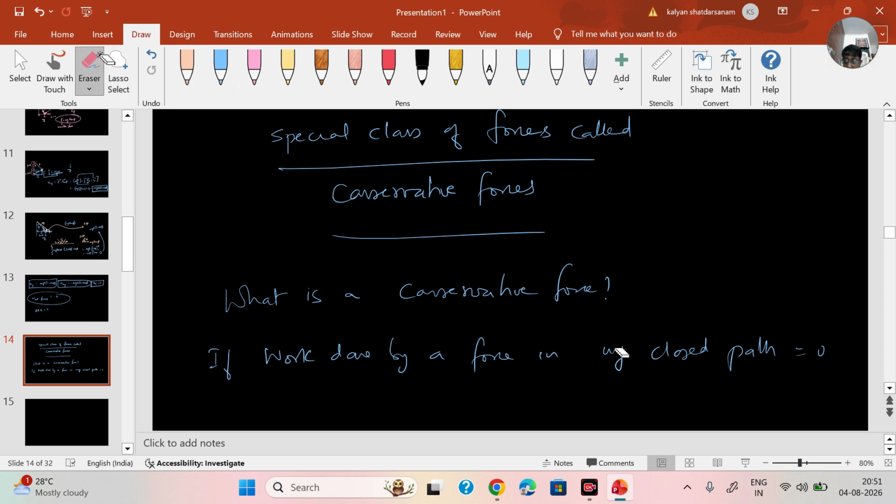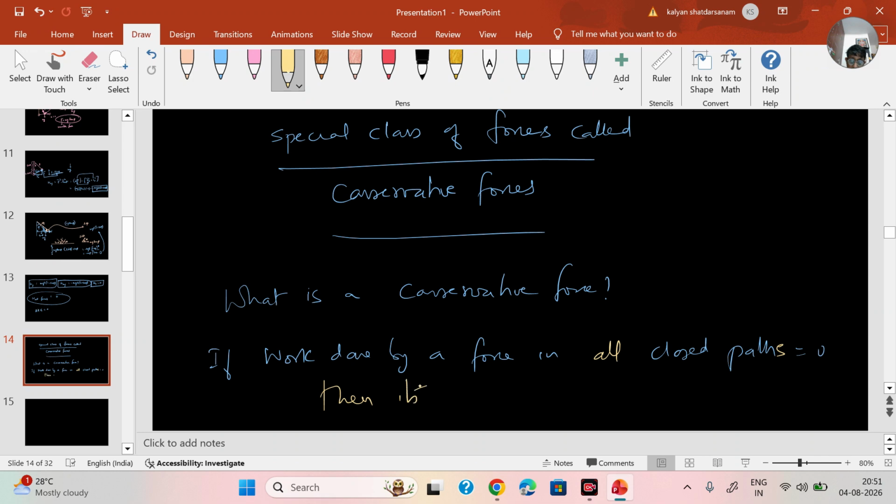That looks much better. In all closed paths, whichever closed path you take, then it's conservative. That is the meaning of conservative force. The force should be such that work done by it in all closed paths, whichever closed path you take, it's up to you, should be zero.